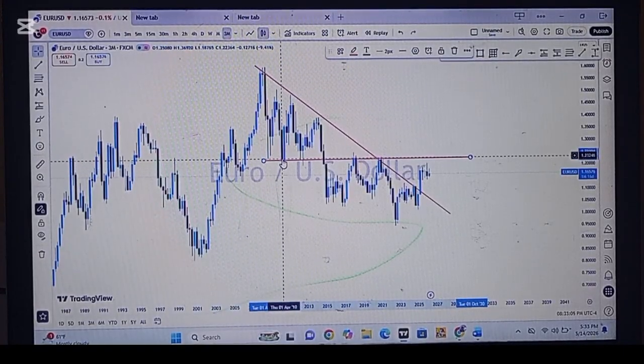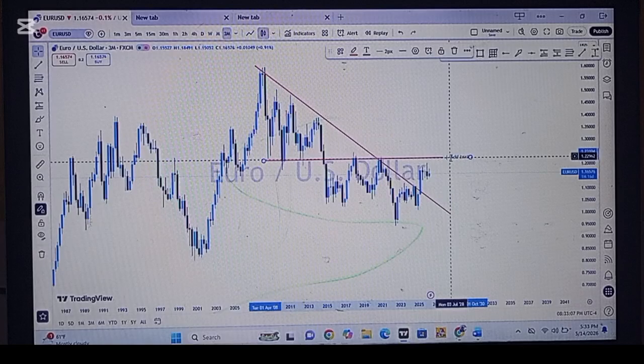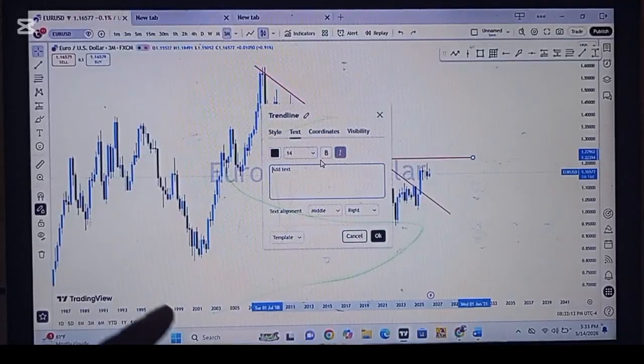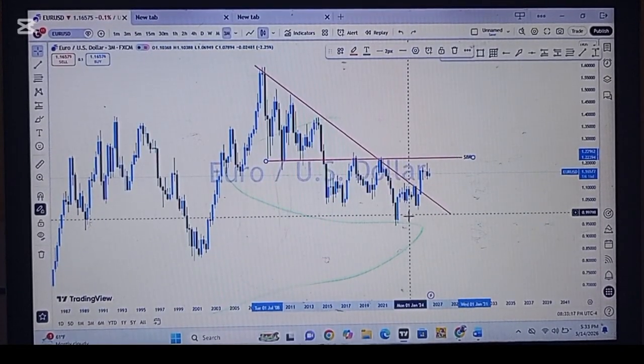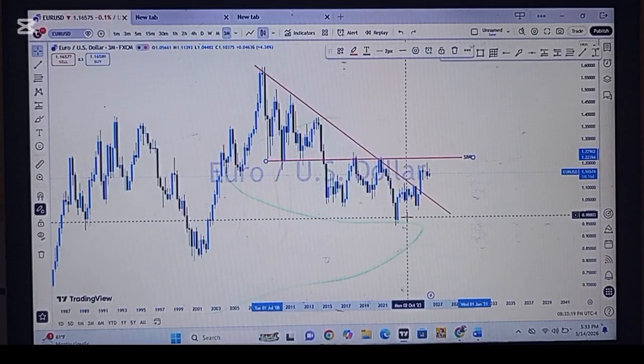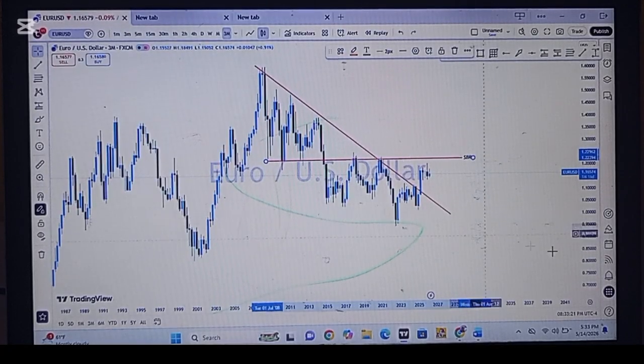So this is what we call an SBR. We have an SBR on the 3 months time frame.